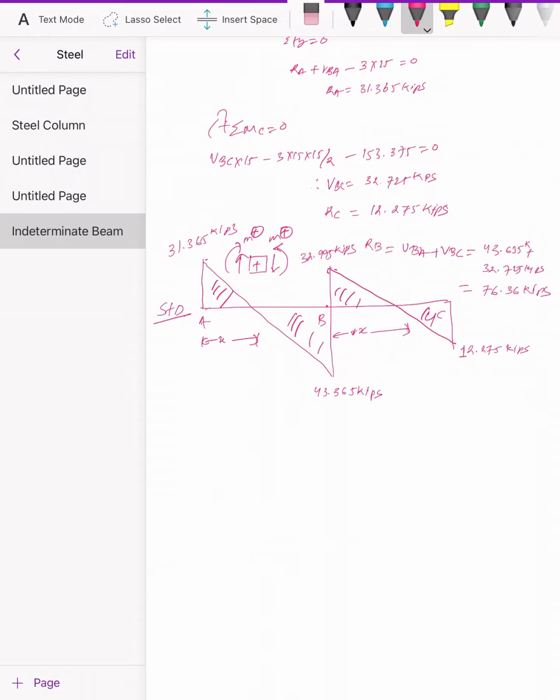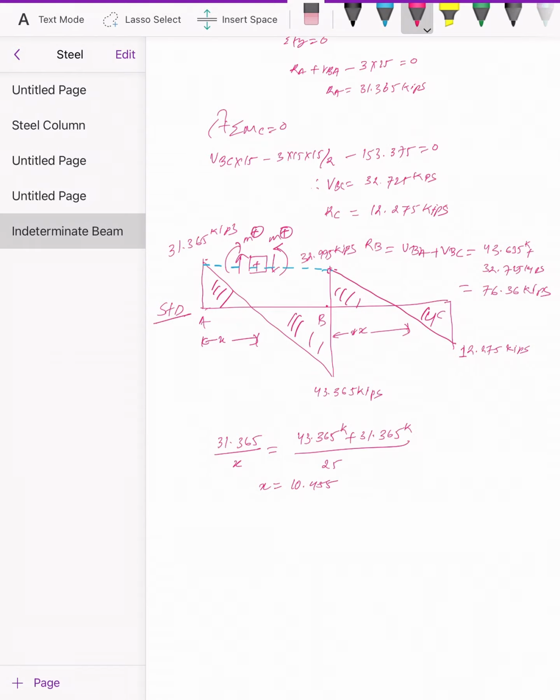So let me take this small little piece, let me make a triangle here. We'll take the small triangle and the bigger one, the blue one, and calculate the distance x. So 31.365 divided by x is equal to 43.365 plus 31.365 divided by the total, 25. So we get x equals 10.49.